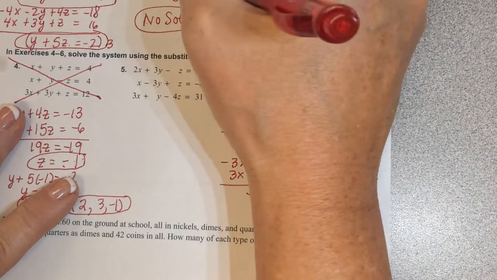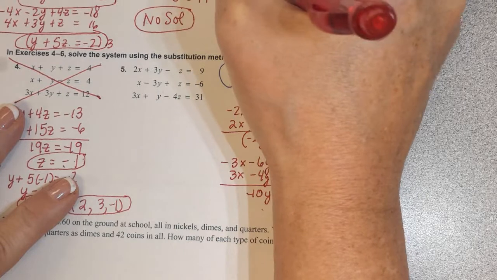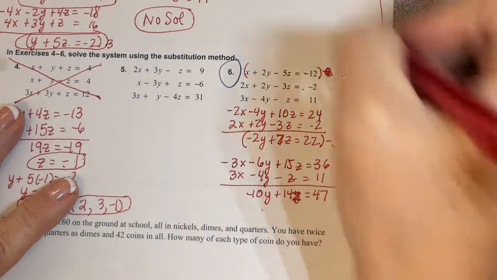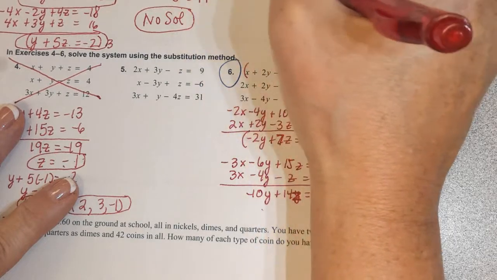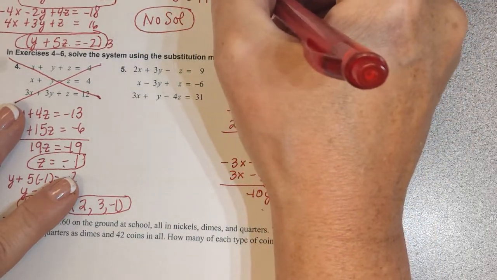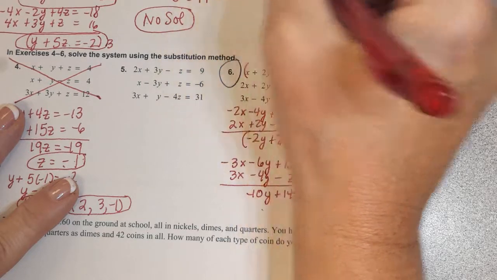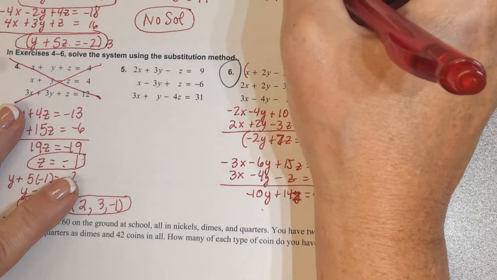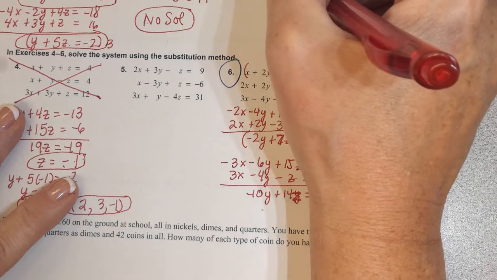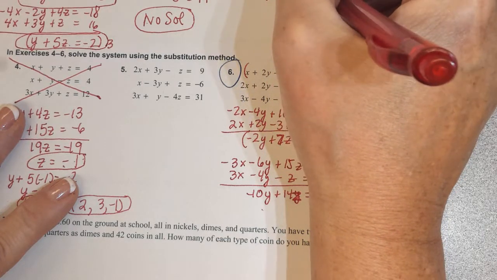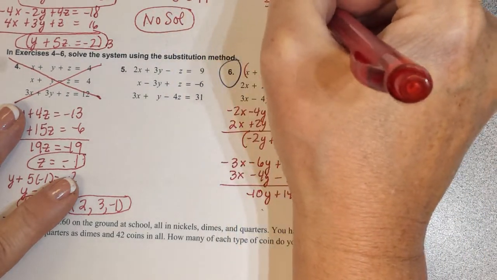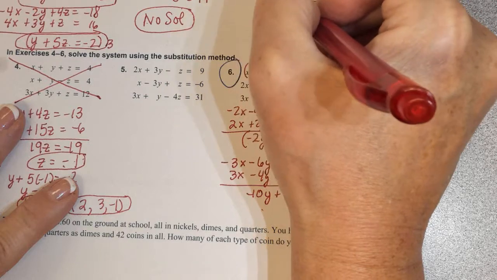And here, oops, this is a z, not a y. So this is what, -21z, and this is, that would be -63. So this time I get z equals 3.